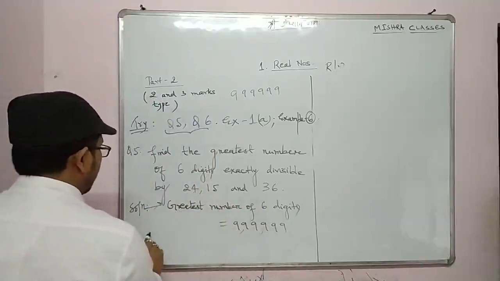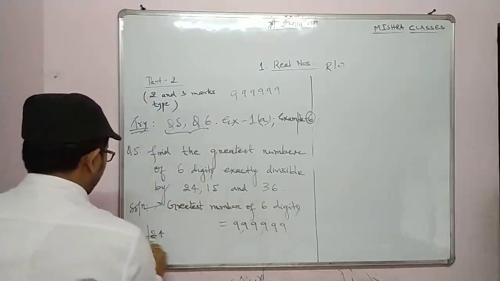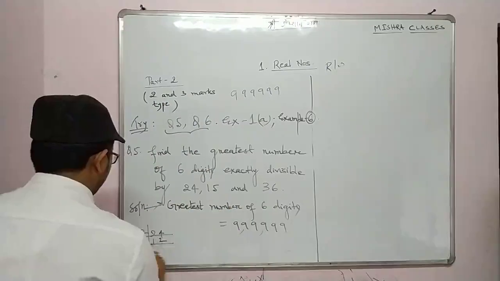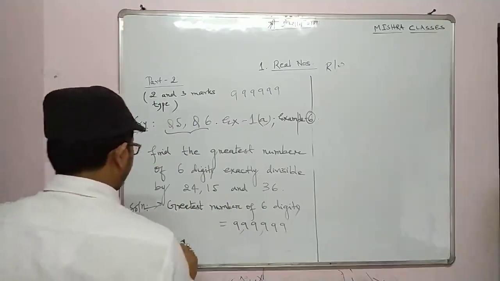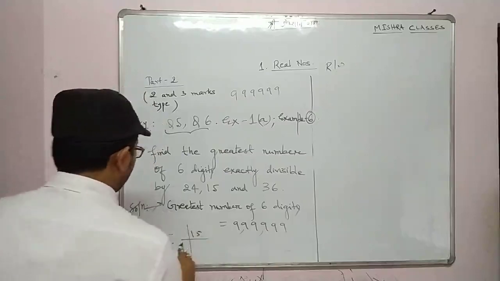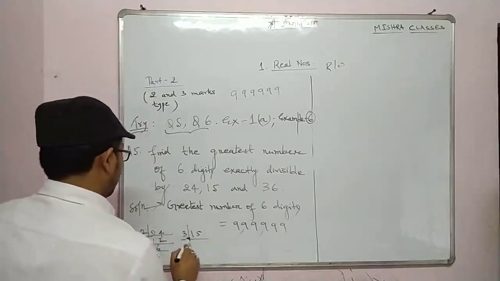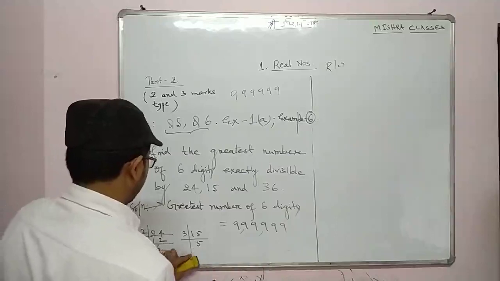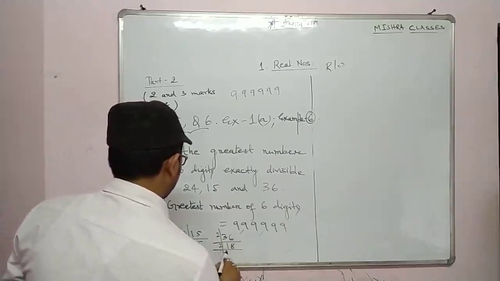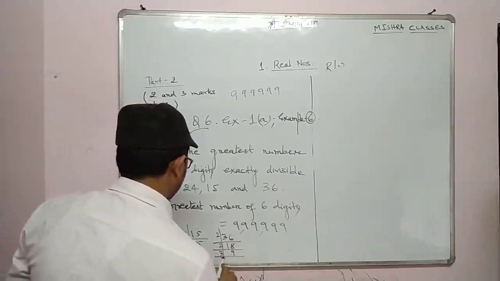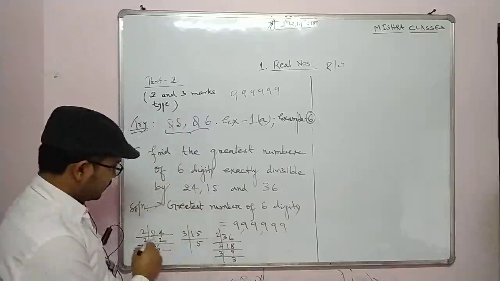Is it clear? 24: 2, 12, 2, 6, 2 times 2, 3. Then 15 is 3 times 5. Next 36: 2, 18, 2, 9, 3, 3. All prime numbers now.